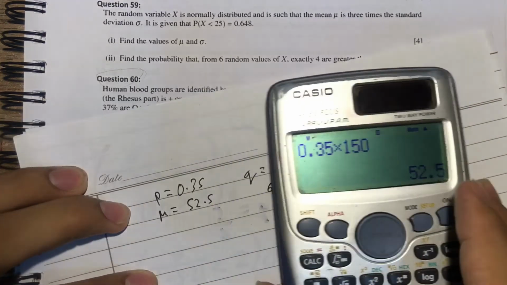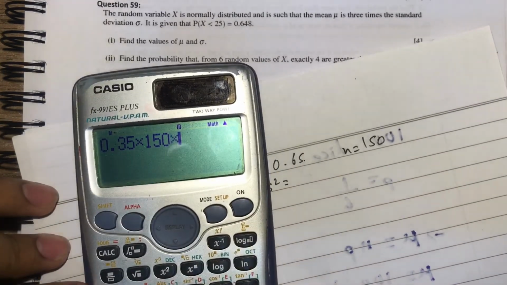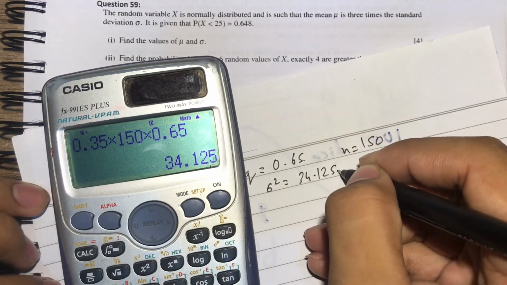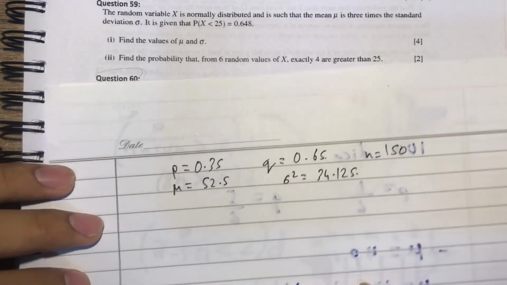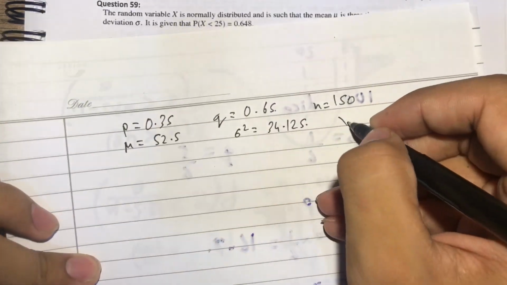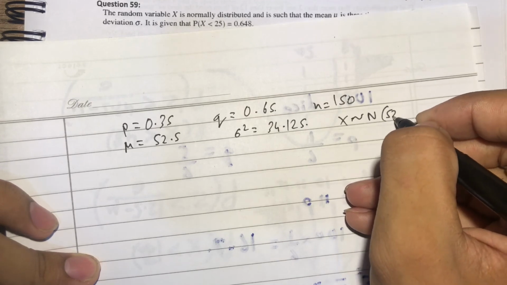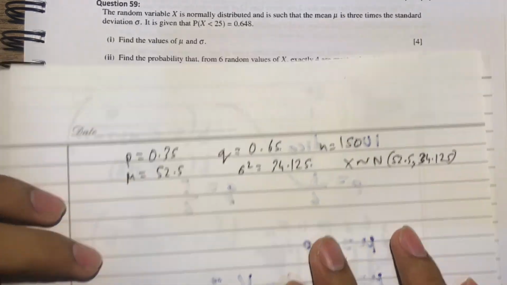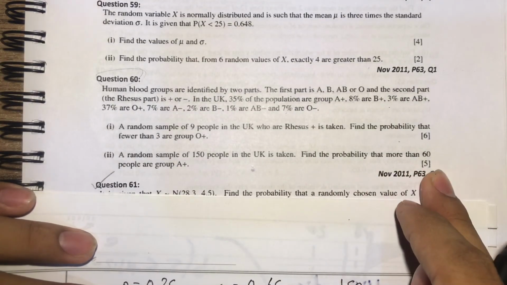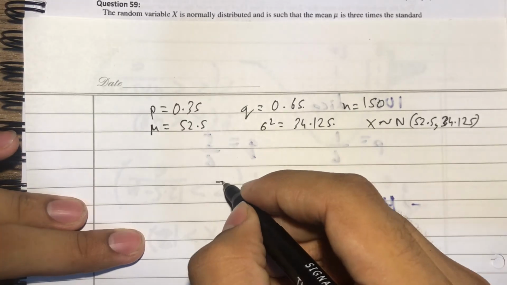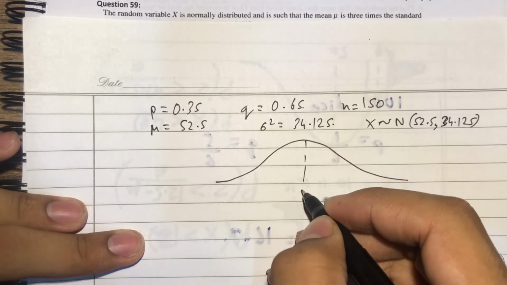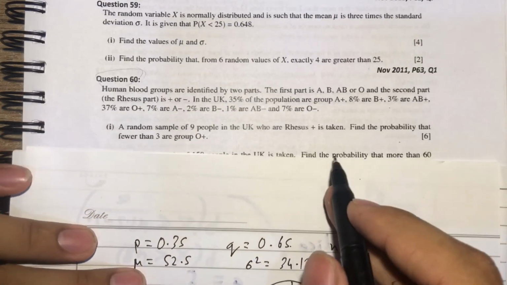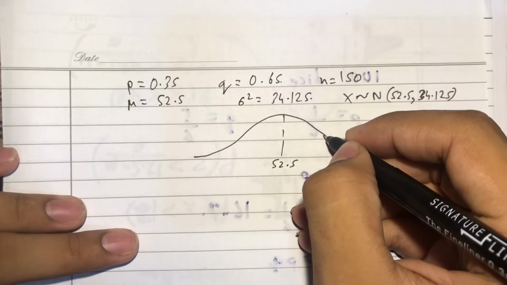Variance will be 0.35 into 150 times 0.65, that is 34.125, right? So x follows normal, 52.5, 34.125. They're saying find the probability that more than 60 people are group A plus. So this is the curve, 52.5, and more than 60 are group A plus, right? So 60 will be somewhere here.